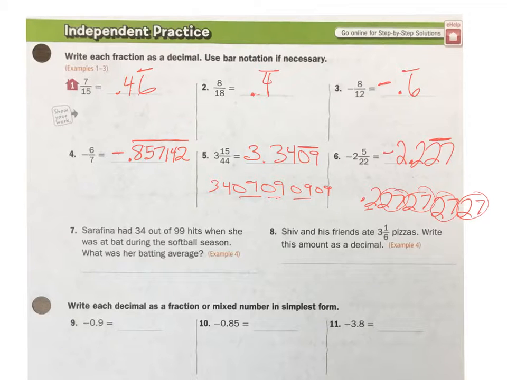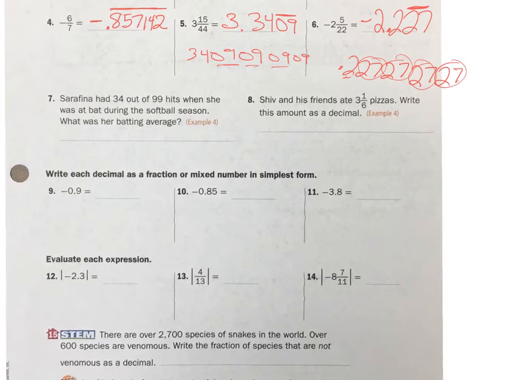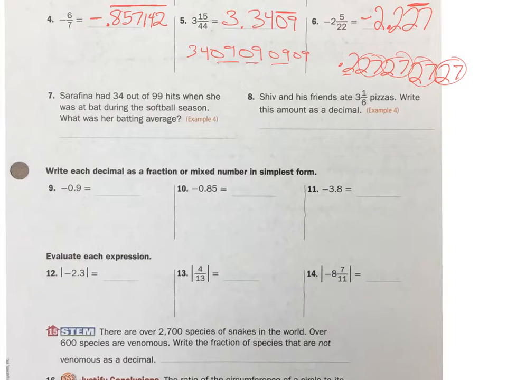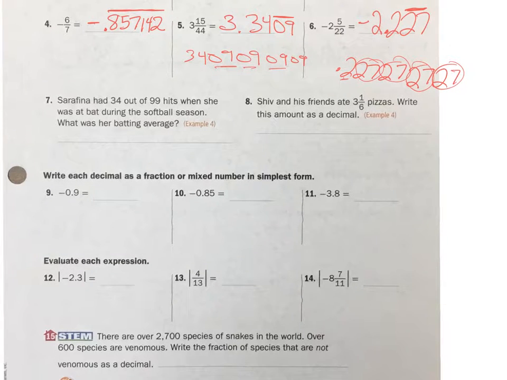All right, number 7. Serafina had 34 out of 99 hits when she was at bat during the season. What's her batting average? So you take the 34 out of 99, which is 34 divided by 99. That gets me 0.34343434.